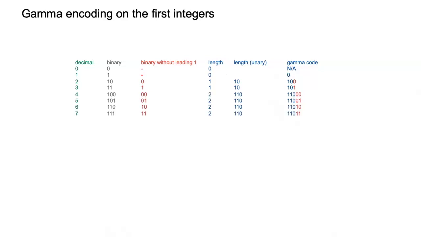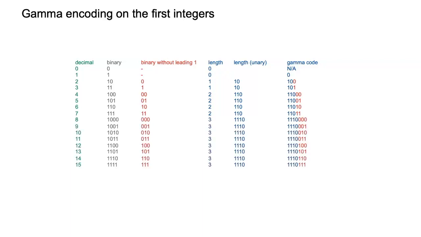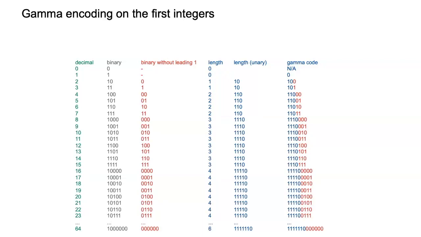Okay, let's look at the next ones. So 4, 5, 6, 7. These have 3 digits in base 2. It means that if you remove the leading one, there are 2 of them. Then you have 1, 1, 0 as the unary encoding, and you get these on the right. Who agrees with this? Okay. And so on, all the way.